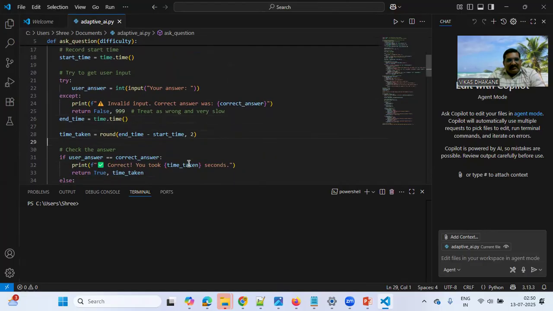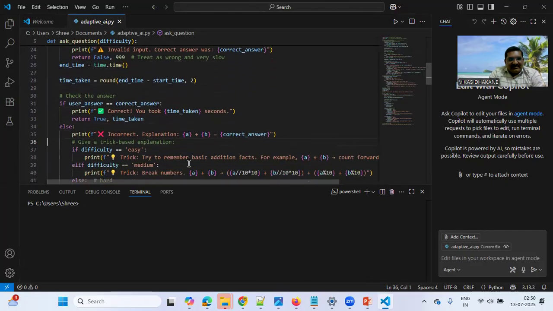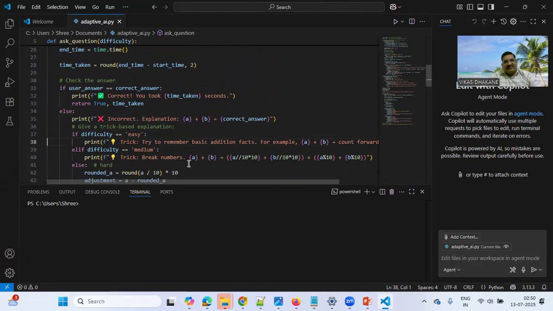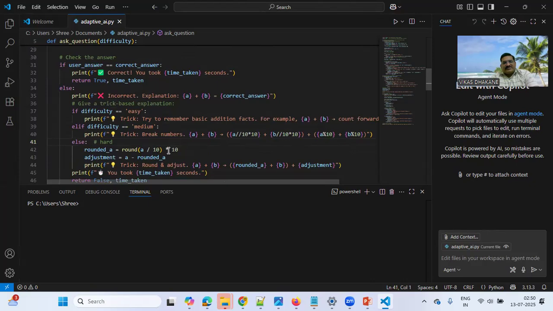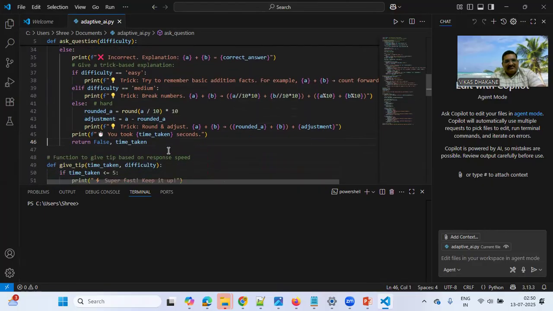And next we are checking the answers given by the learners. If the learner gives an incorrect answer, then here we provide some tricks, and try to explain to the learner where they have made a mistake and what kind of trick the learner can use to solve that particular question.